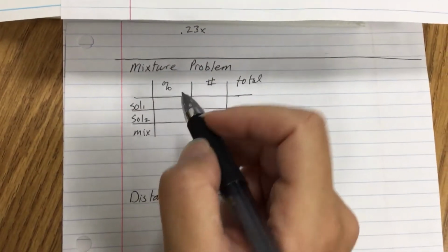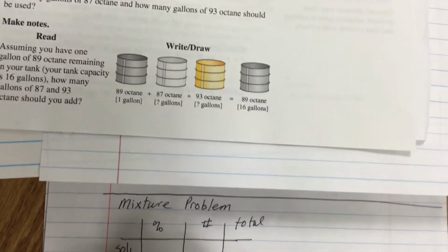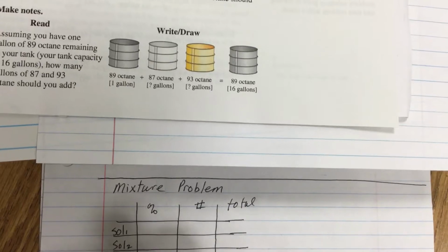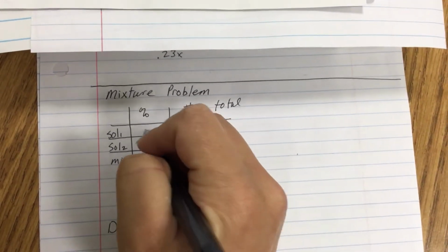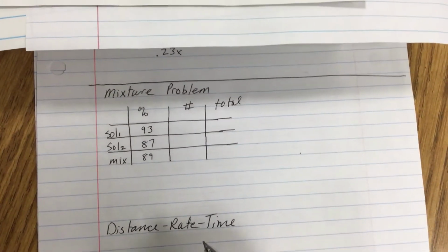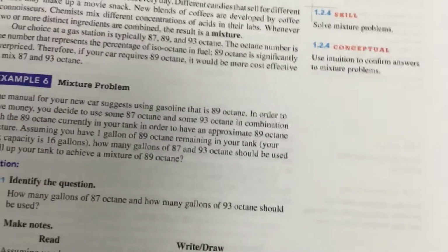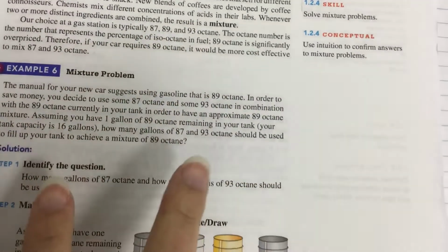So I know I am trying to make an 89 mix, and I'm mixing 93 and 87 together. And I know my car is a 16-gallon tank, but I already have 1 gallon of exactly what I need.